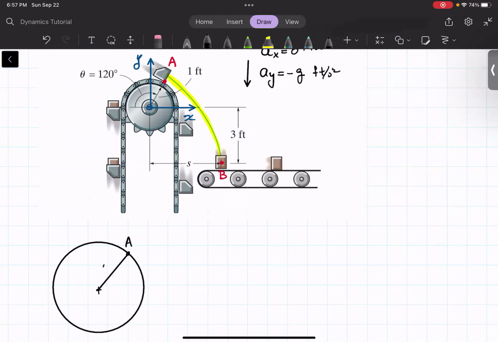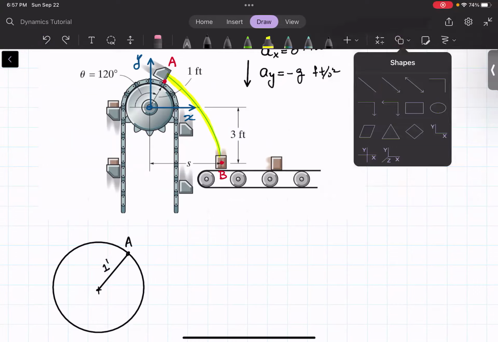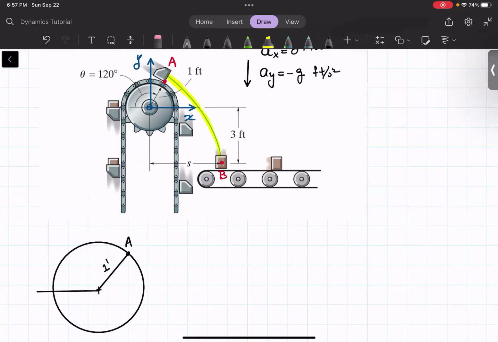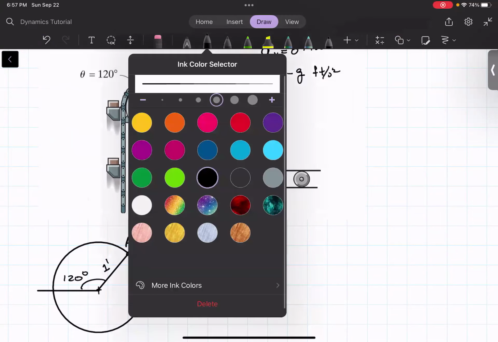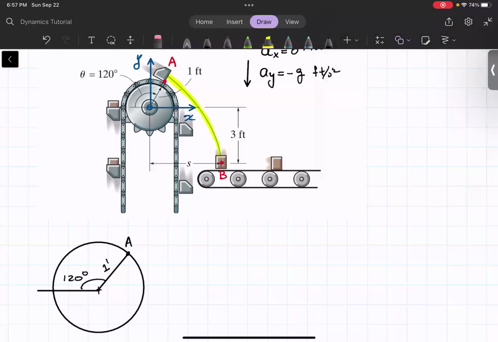The radius is 1 foot per the image or figure.